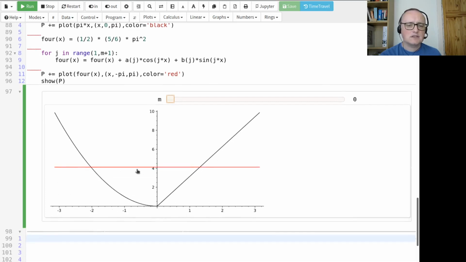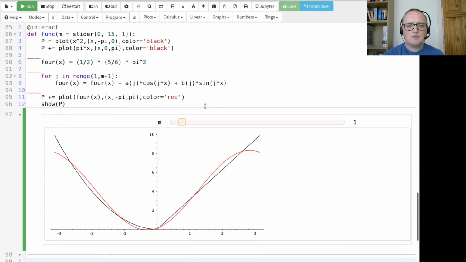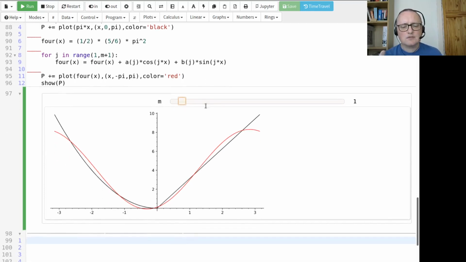You can see that the red level appears roughly to be, and we wouldn't be surprised to learn that it is, the average value of the function f across the whole range. As we start increasing m, if I put m up to 1, it's including one of the cosine functions and one of the sine functions.